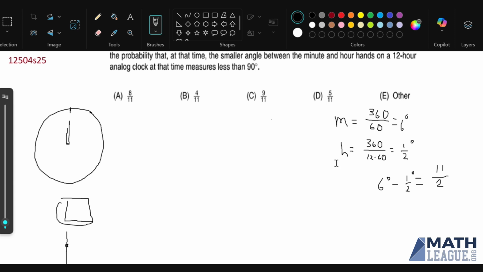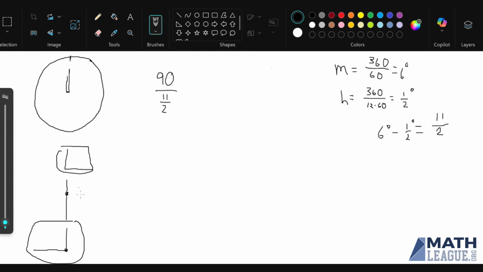And again, since these hands move 11 over 2 degrees away from one another every minute, then from our first interval to our second interval, we're going to have it make a motion of 90 divided by 11 over 2 minutes to get to this first point, thereby transitioning from this quadrant to this quadrant.